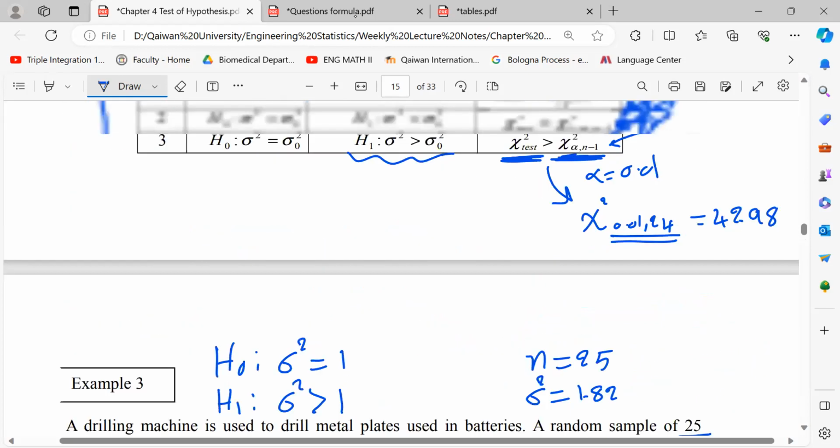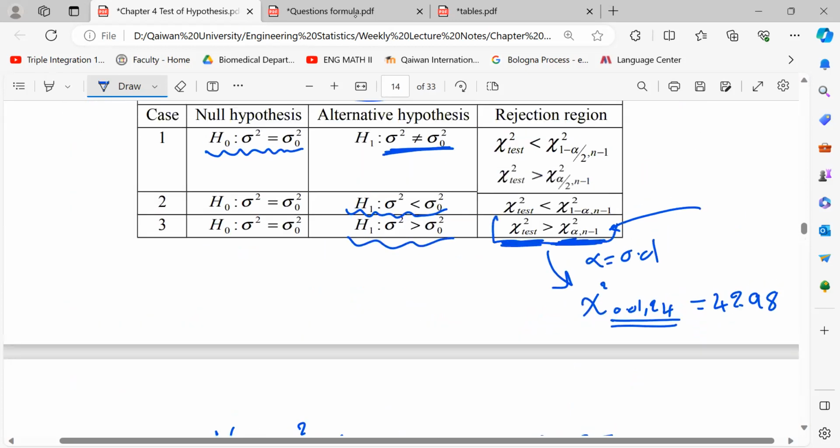Return to the table. If the chi-square test is bigger than chi-square of alpha and n minus 1, we reject H naught because this is the rejection region. Okay, we reject H naught.